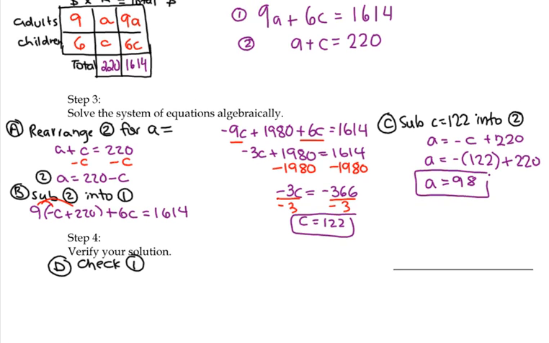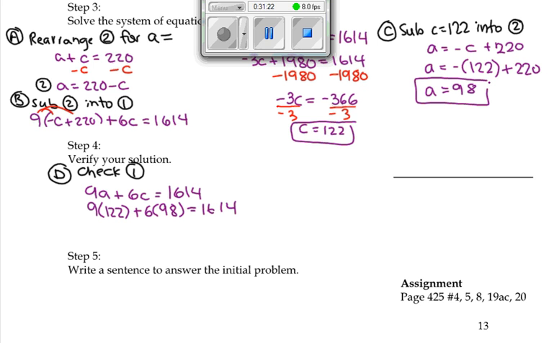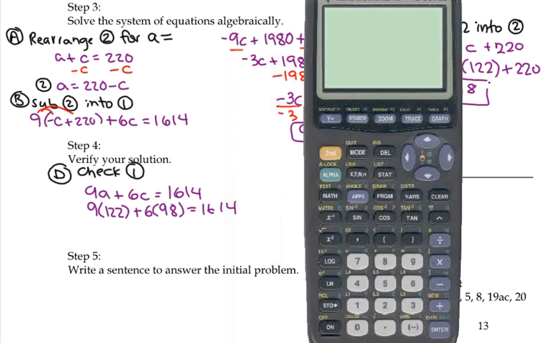Our equation 1 was 9A plus 6C equals 1,614. At this point, you could just plug these numbers into your calculator when you're doing your check. So you can grab your calculator. 9 times 22 plus 6 times 98 should give me, uh-oh. 9 was the adults.